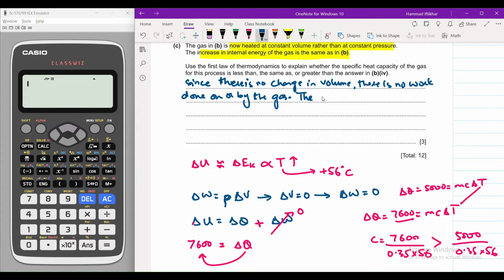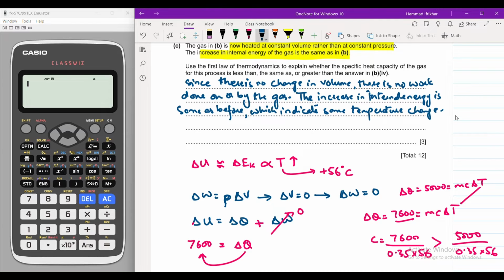The increase in internal energy is the same as before, which indicates the same temperature rise or same temperature change.